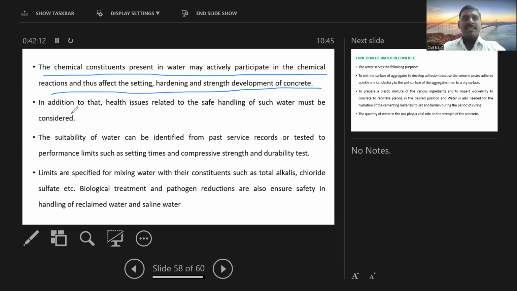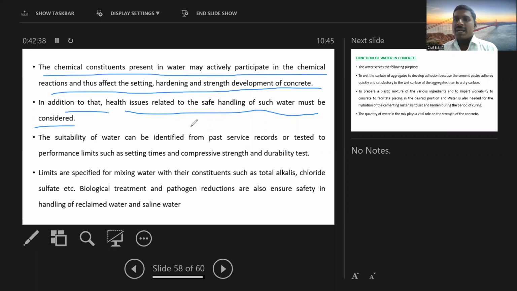Then again, in the addition of this water, the health issues related to the safe handling of such water must be considered. So if we add the water into the concrete, then we must consider the health issues related to safe handling of such water.